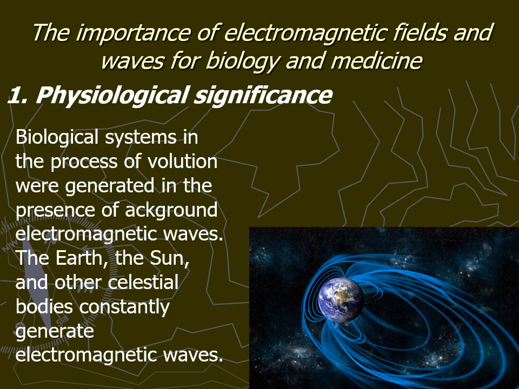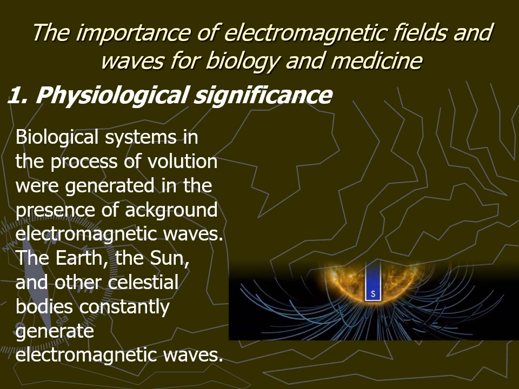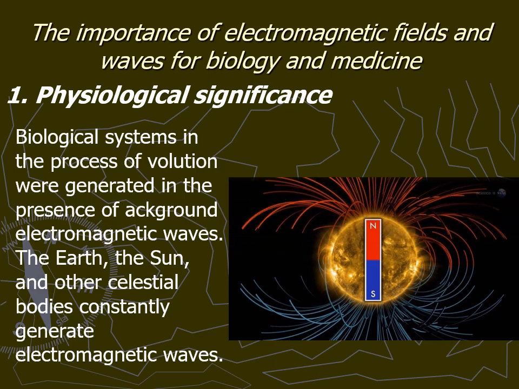The next question is the significance of electromagnetic fields for biological objects, for biology, for medicine. We have already noted that the Earth is a giant magnet, so we have a magnetic field of the Earth. And besides, we must also take into account that all biological processes originated on Earth in the conditions of the existence of an electromagnetic field, the electromagnetic field of the Earth, as well as other objects, stars, and other planets.